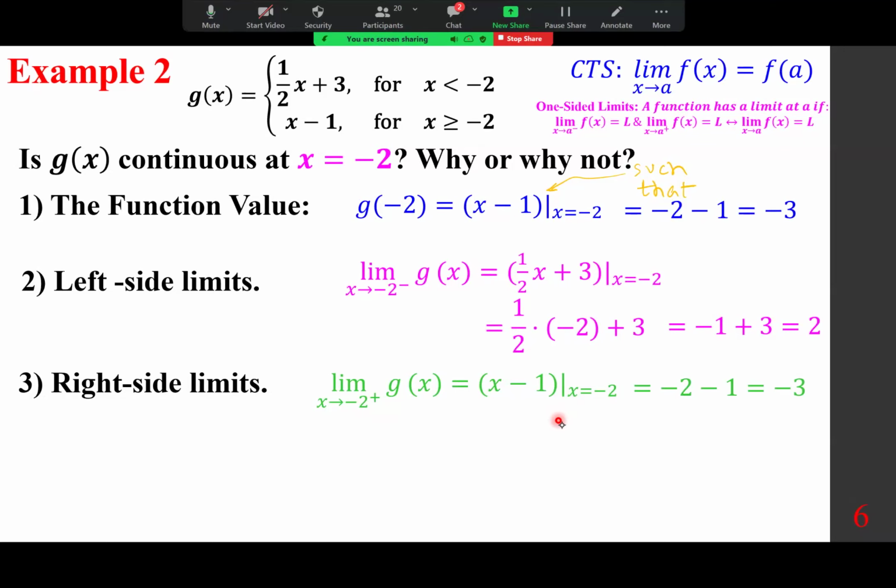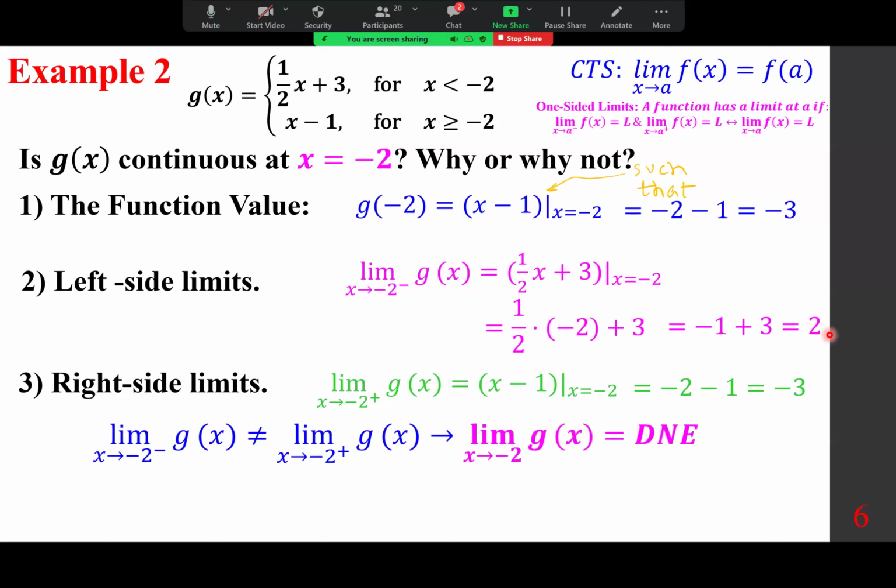So what happens is the limit from the left and the limit from the right are not the same. The limit of g of x as x approaches -2 does not exist. The limit from the left is not equal to the limit from the right.